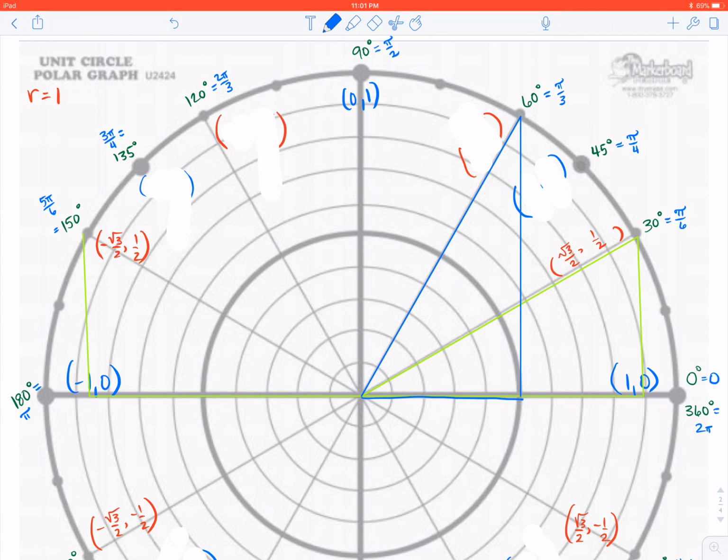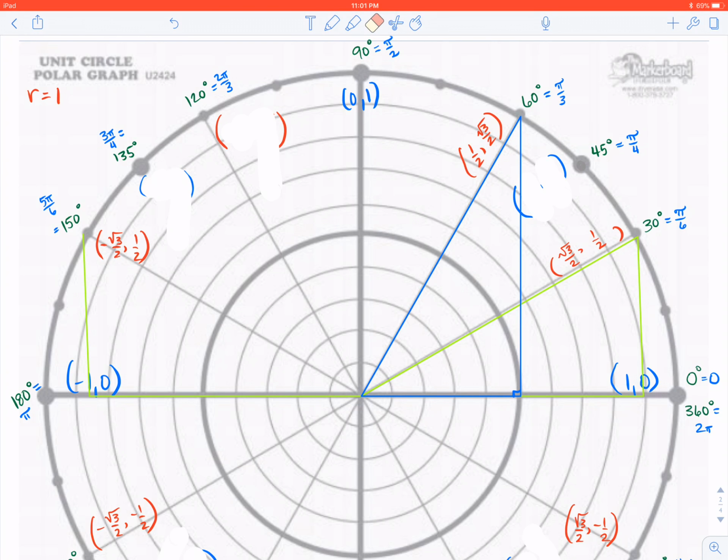And then there's my x value. In this particular case, you'll notice that now the x value is the short value and the y value is the long value. So if my x value is a short value, it's going to be a 1/2. My y value, the long value, is going to be √3 over 2.